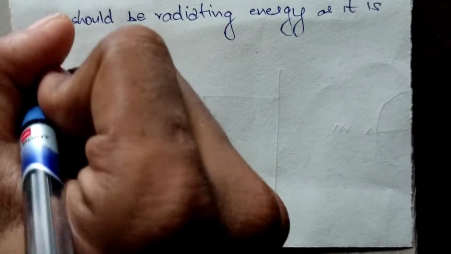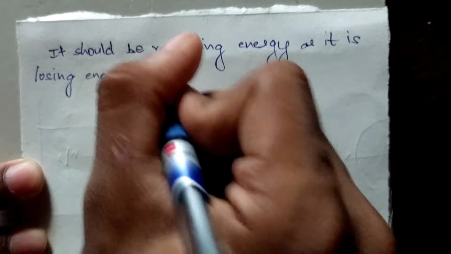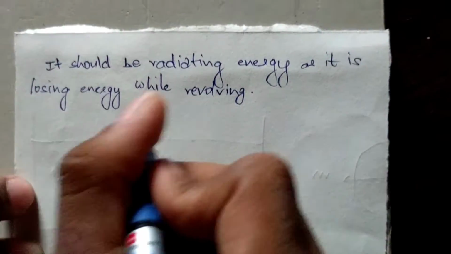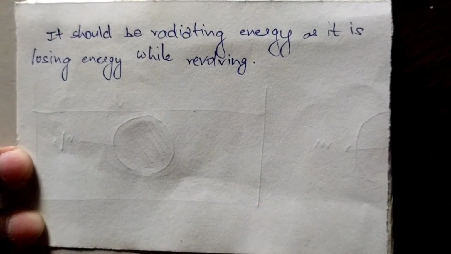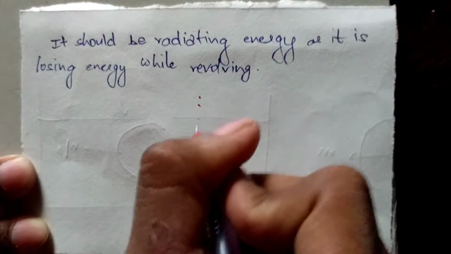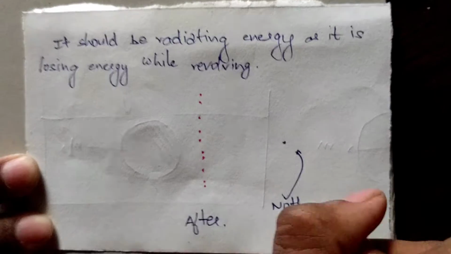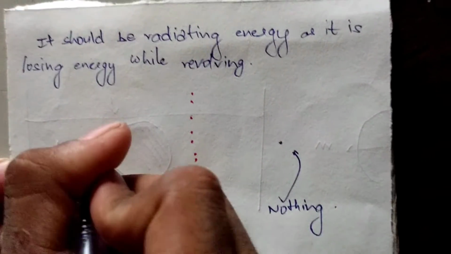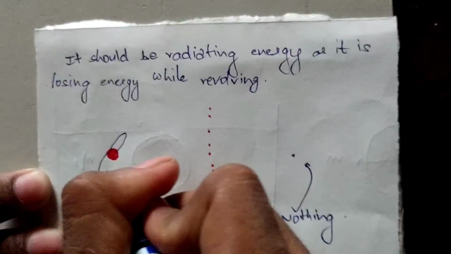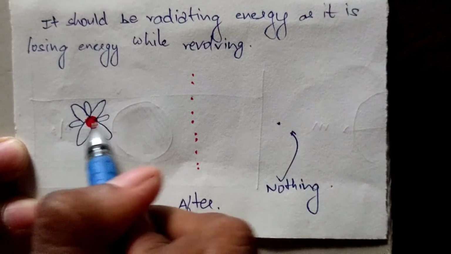The more energy an electron has, the further it is from the nucleus. Whenever an electron jumps up an energy level it gains energy, and it loses energy in the form of a photon when it jumps into inner orbits. This was the most appreciable theory ever given by someone.